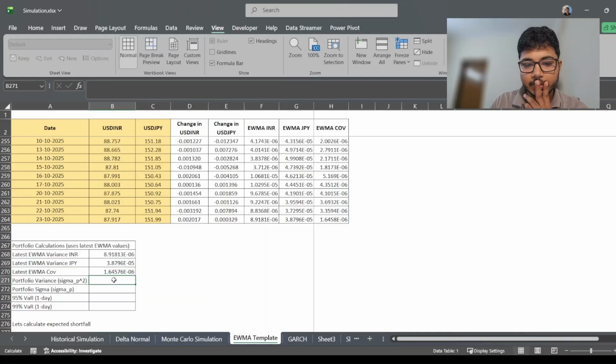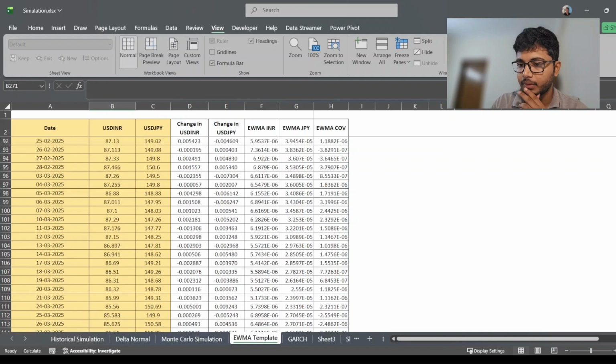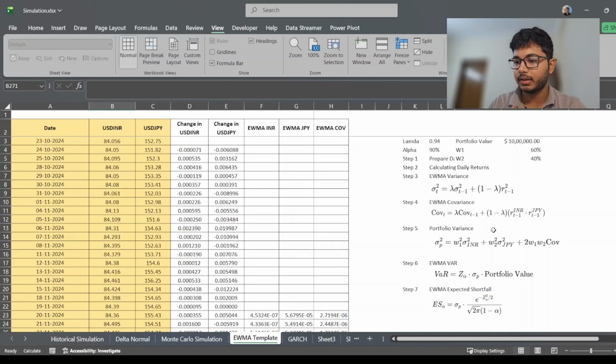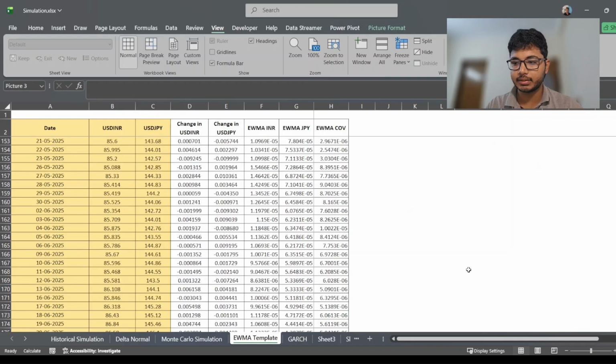Now we are going to calculate the portfolio's variance. Okay. So in this step, what will be the formula here? I can just copy this formula here so that it is easier for you to understand as well.